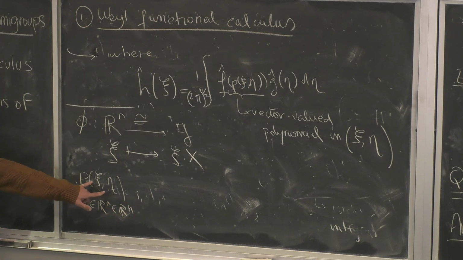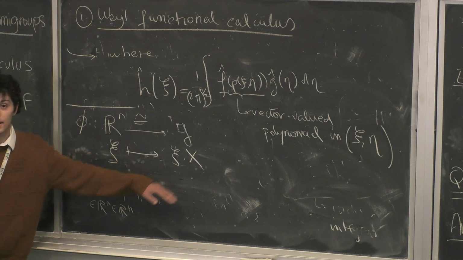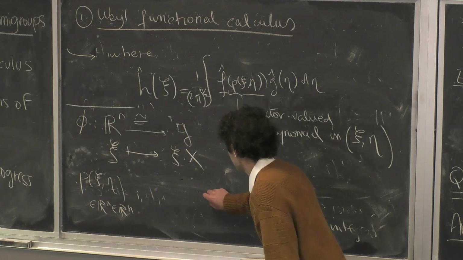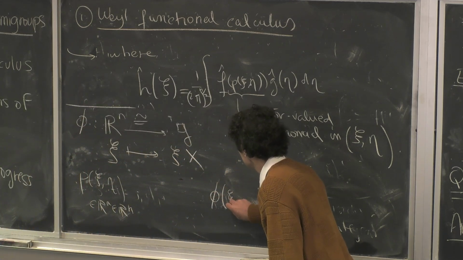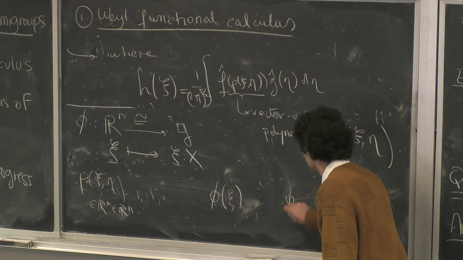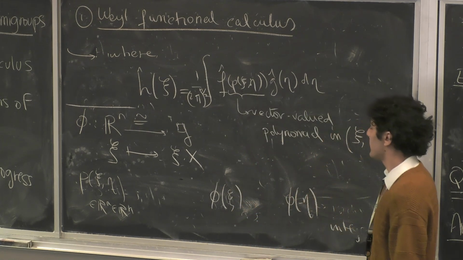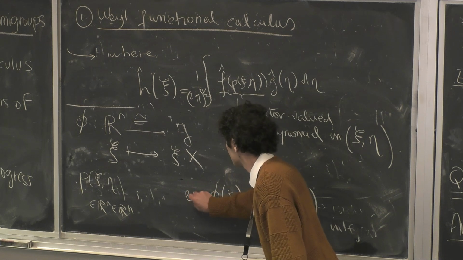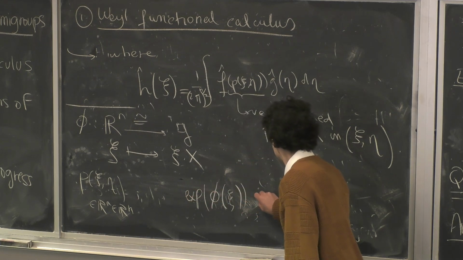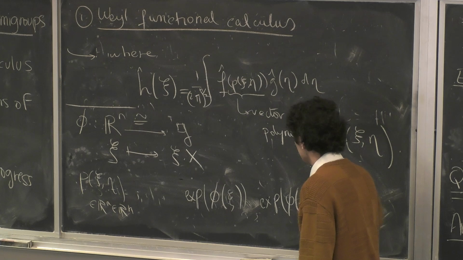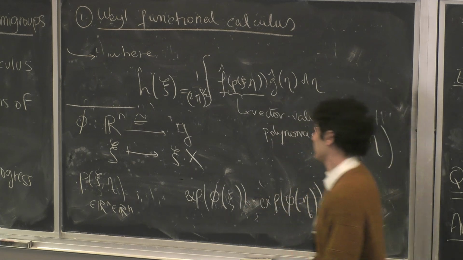I take these two vectors, I identify them with their elements in the Lie algebra. So I take phi of xi, and I take phi of minus eta. Then I exponentiate them, so I send them to the Lie group. I multiply, and then I go back.